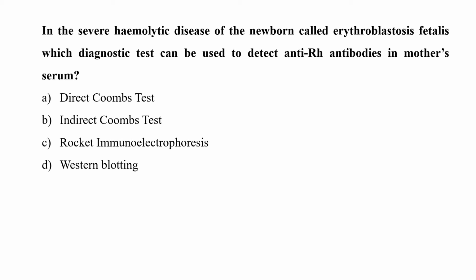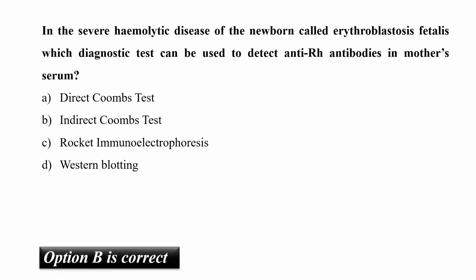If these were to come in contact with the fetal RBCs, they would hemolyze them and hence cause the hemolytic disease of the newborn, also known as HDN. Now, by finding maternal anti-D before fetal RBCs have been attacked, treatment can be given to prevent or limit the severity of HDN. So, the correct answer to this question is going to be option B, indirect Coombs test.